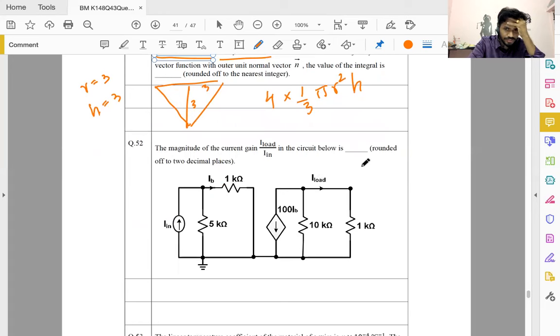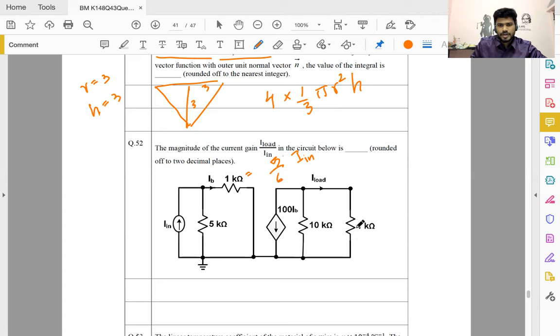Magnitude of the current gain. So, okay, this is a question on BJTs, right? They give the circuit. If you know how to do all the circuits, you're done. Notice IB is I in split. Take I in, split it between these two resistors, 5 by 6.